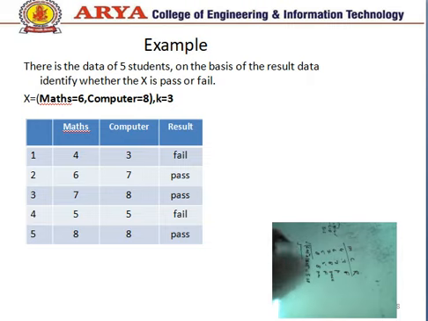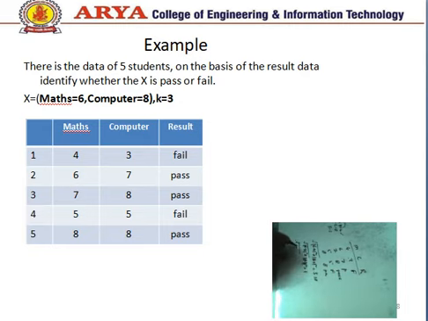For the second instance we get (6 minus 6) square plus (8 minus 7) square, under root, we get 1. For the third instance we get (6 minus 7) square plus (8 minus 8) square, the value is 1. For the fourth instance we get (6 minus 5) square plus (8 minus 5) square and the value is 3 point something.